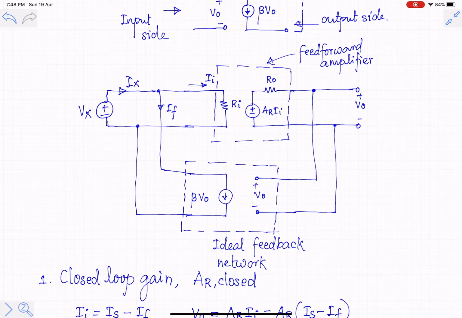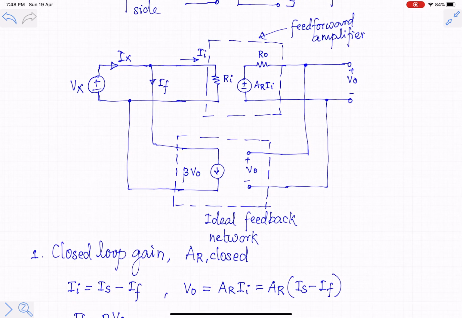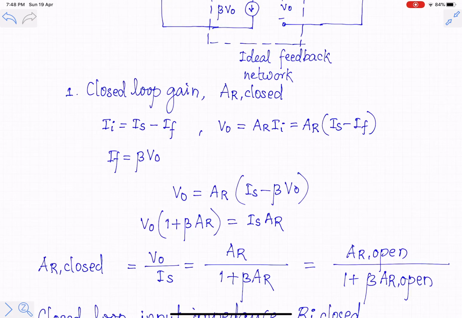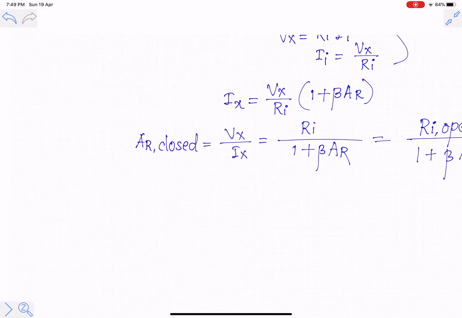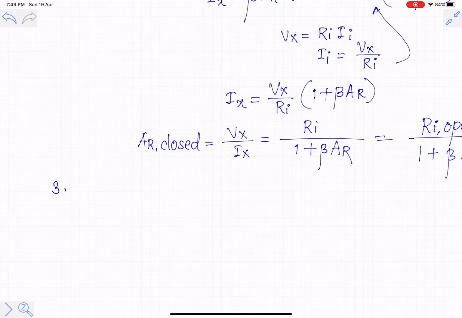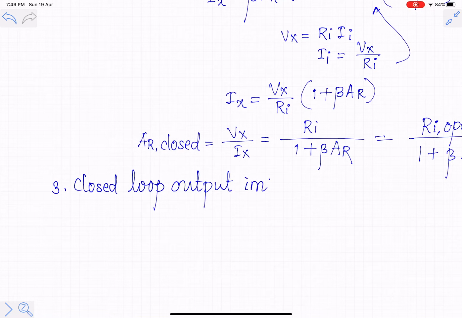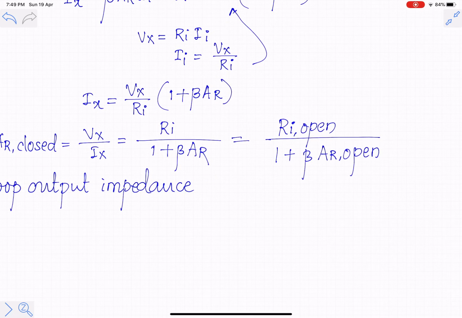So we will now formally derive the third parameter, that is the closed loop output impedance, which we will show by Ro closed.